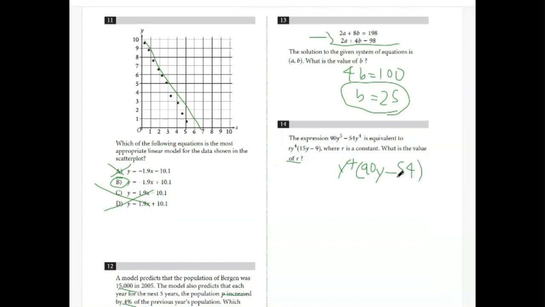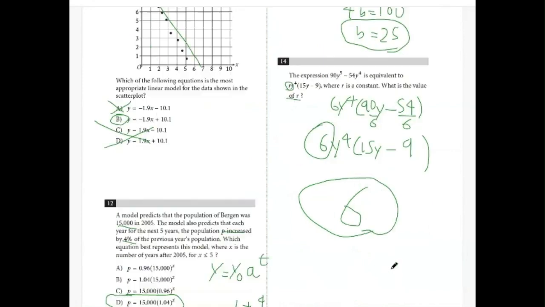And since I see a 15 and a 9, if I divide this by 6 and this by 6, I need to pull the 6 in front here. So 6y to the power 4 is 15y minus 9. And we're looking for this r, right? So 6 is the correct answer here.